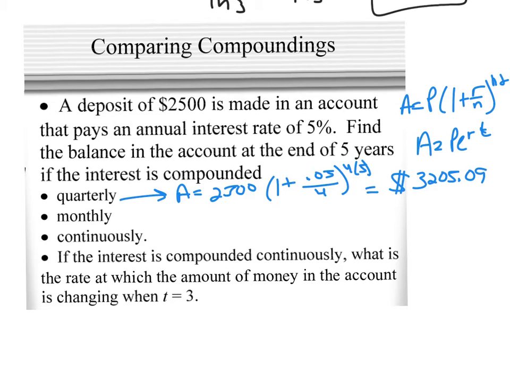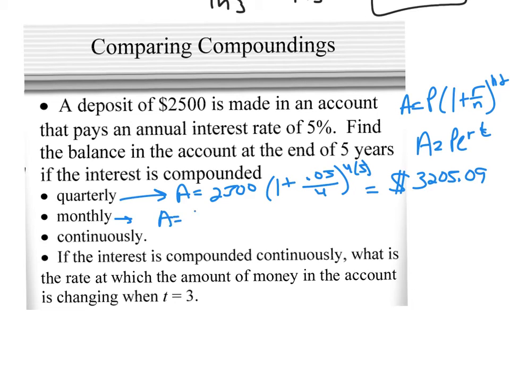If it's compounded monthly, that means your interest actually gets added on more often. 5% is a really high interest rate for a bank account. But usually banks do monthly, which means our n is now 12.